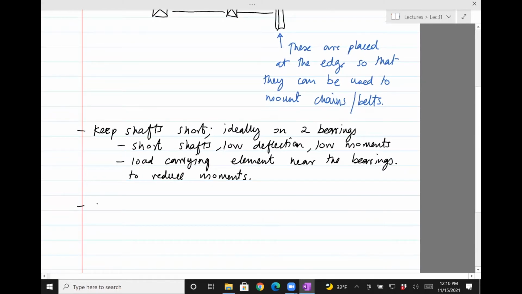Okay. So now sometimes you cannot have short shafts. If you have long shafts, in that case, you're stuck with long shafts.